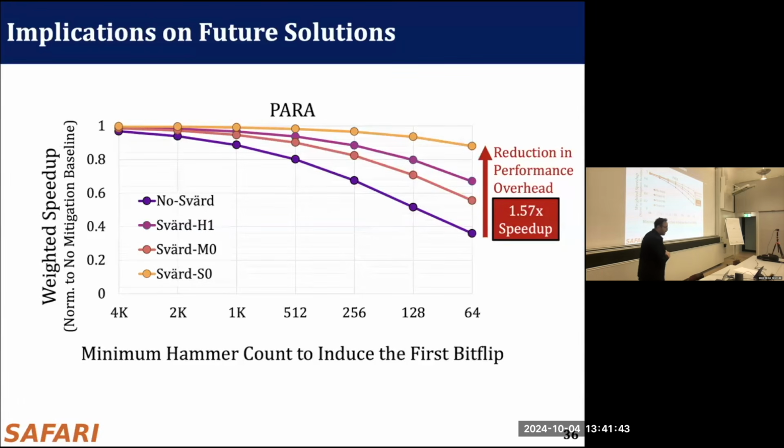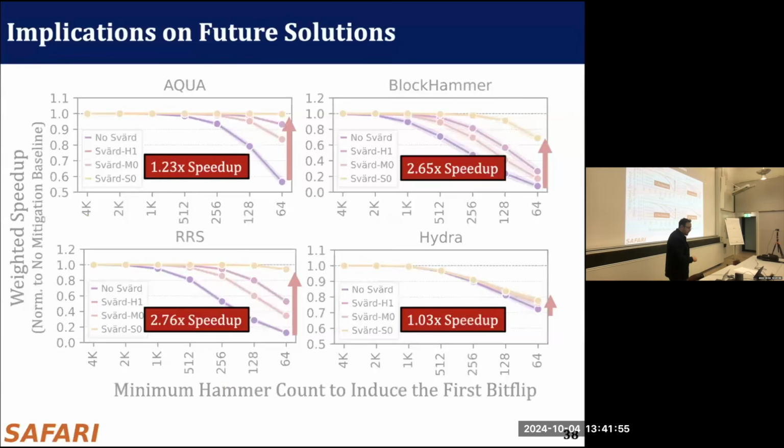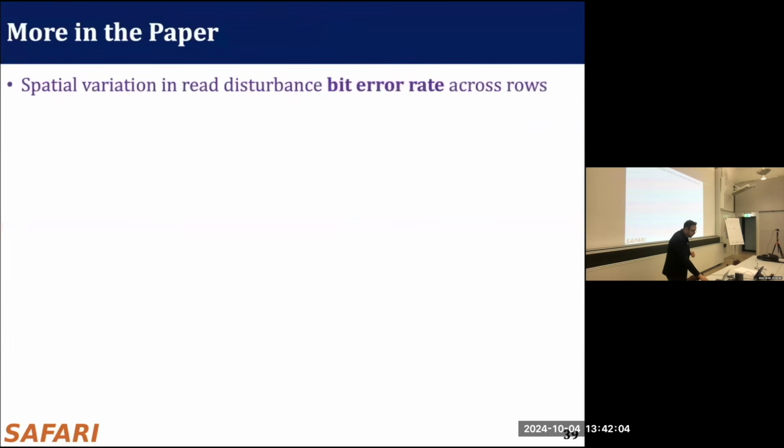So I guess it's clear that we reduce the performance overhead of PARA quite significantly here. And these are the results for the other four mechanisms. These are the speedup numbers that you see at very low extreme thresholds. And Svärd significantly reduces the performance overhead of existing solutions.